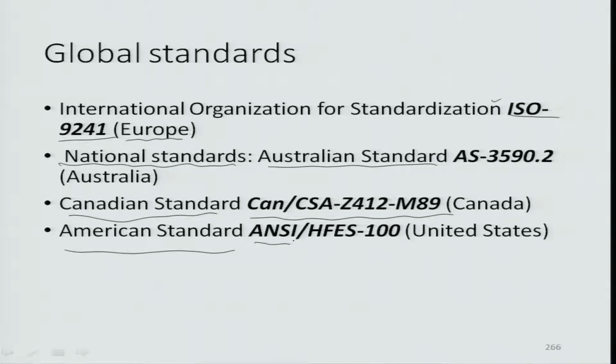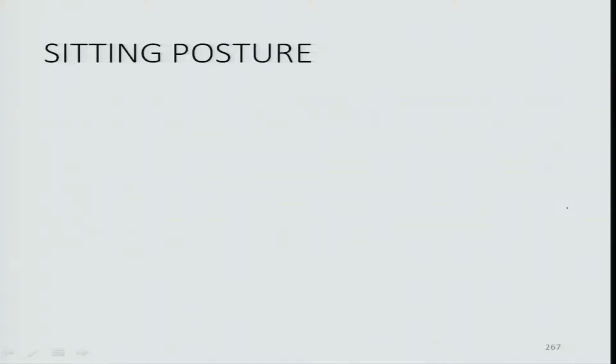So let us look at some of the postures and associated health risks and also some recommendations made by almost all these standards, whichever part of the world they are from. About seating posture, there can be a major health issue of back pain associated with how a person sits for a long time at such a workstation.